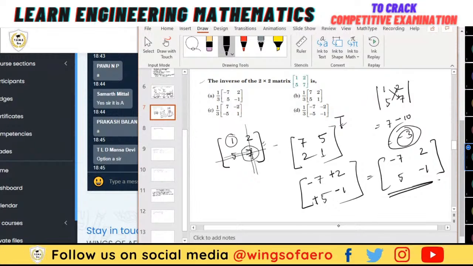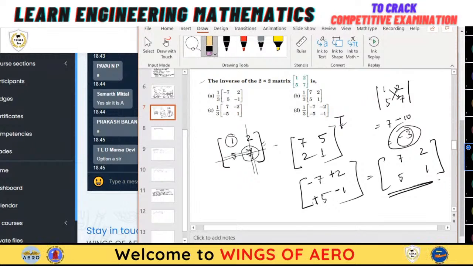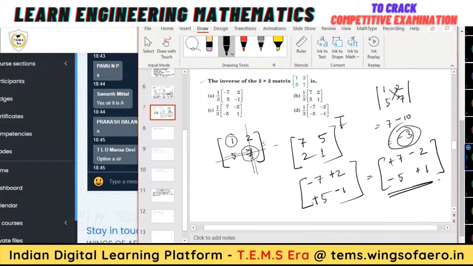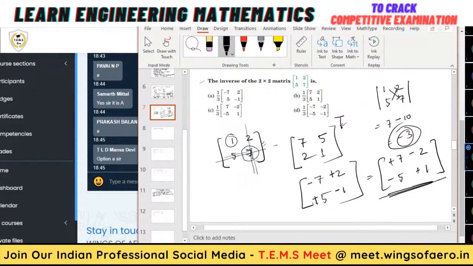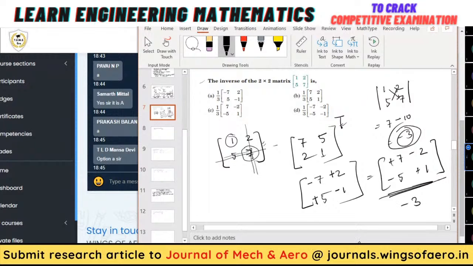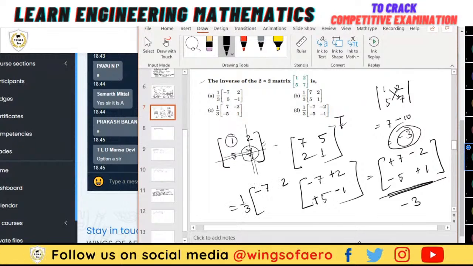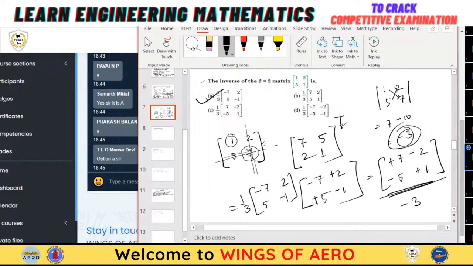This is adjoint A, and if I divide it by determinant A, which is minus 3, it is equal to 1 by 3 times the matrix minus 7, 2, 5, minus 1. The answer is A.